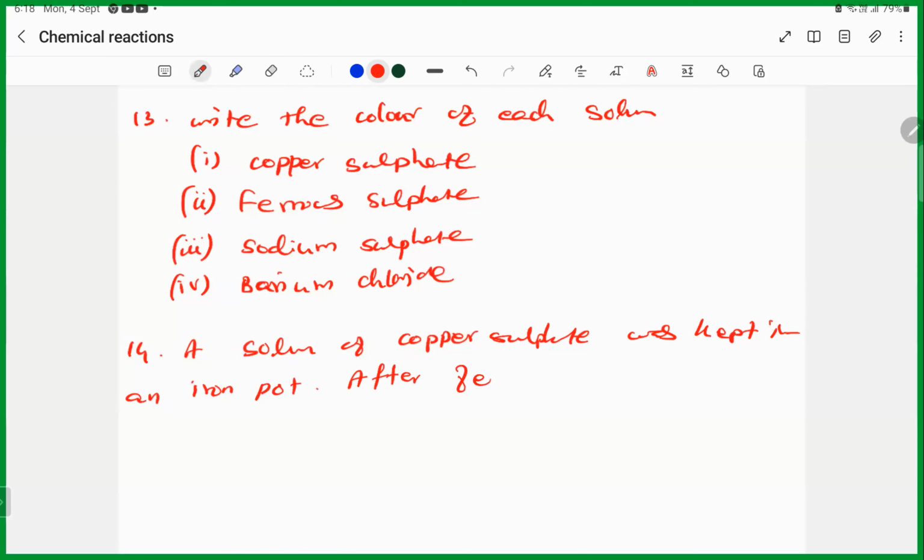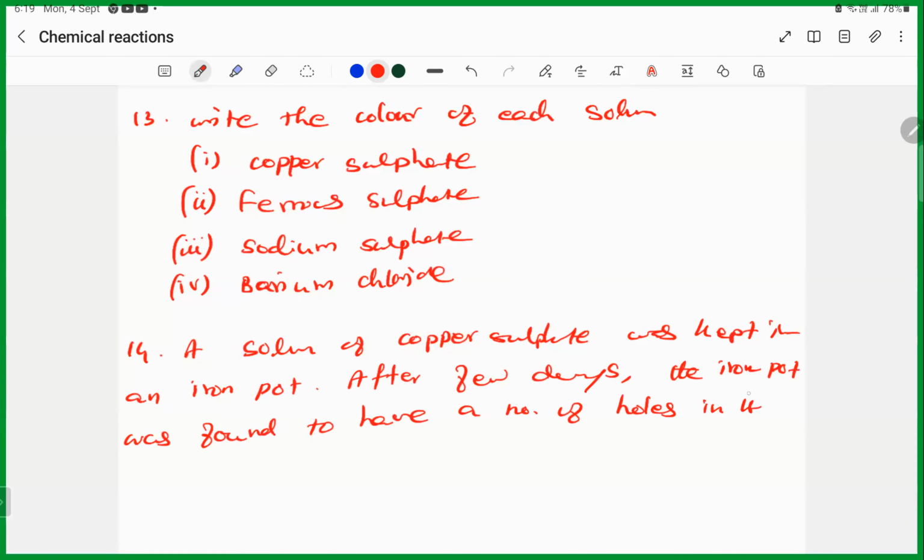After a few days, the iron pot was found to have a number of holes in it. Explain the reaction with the help of a chemical equation.